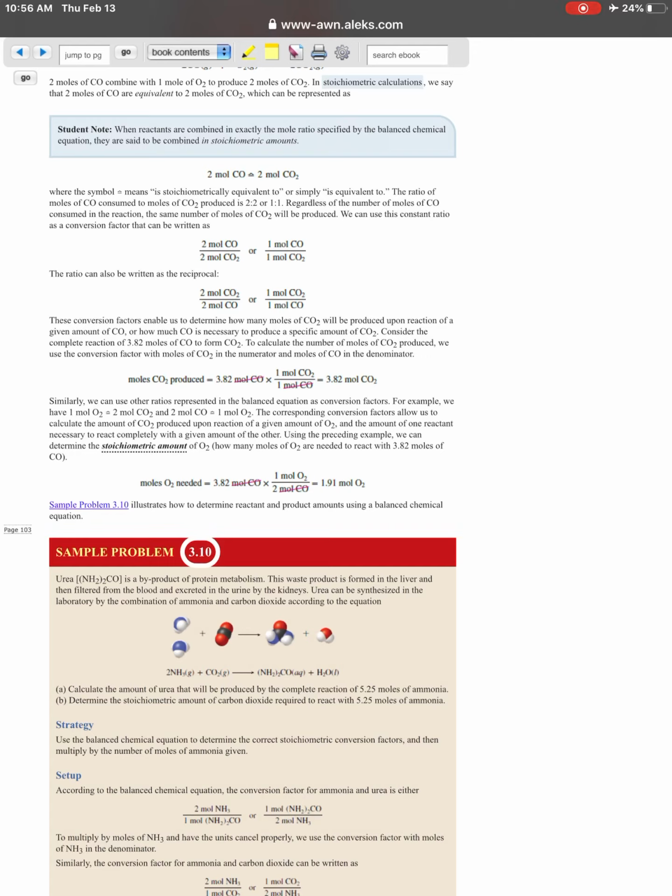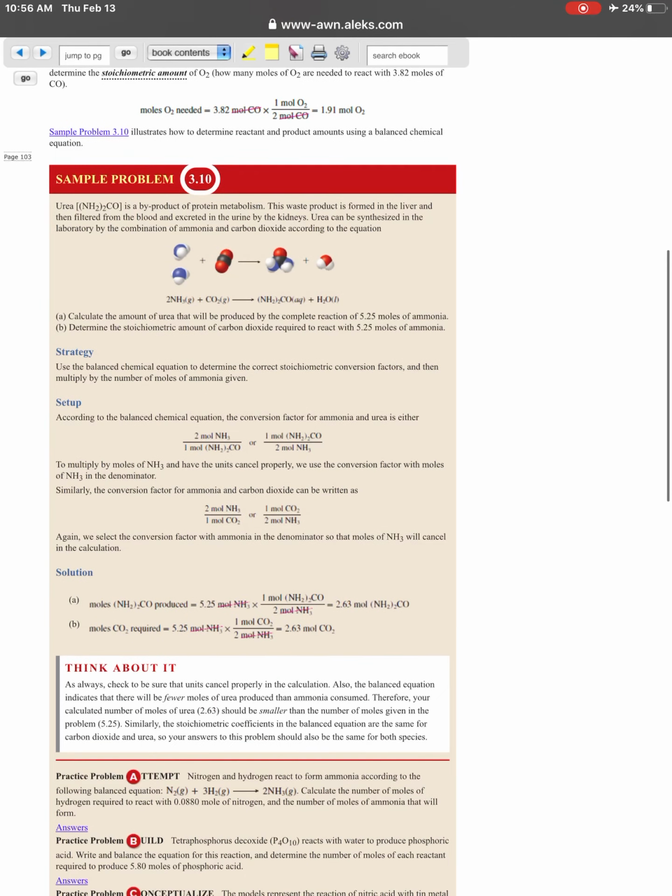The moles of CO are canceled. There's our answer. We've now learned that 3.82 moles of CO2 will be produced and 1.91 moles of O2 will react. This allows us to understand more about the amounts of what's happening in this particular reaction.